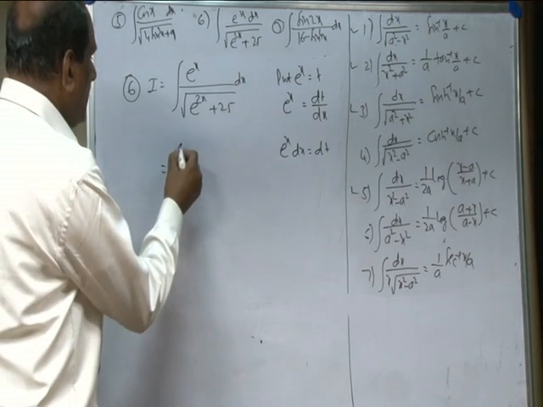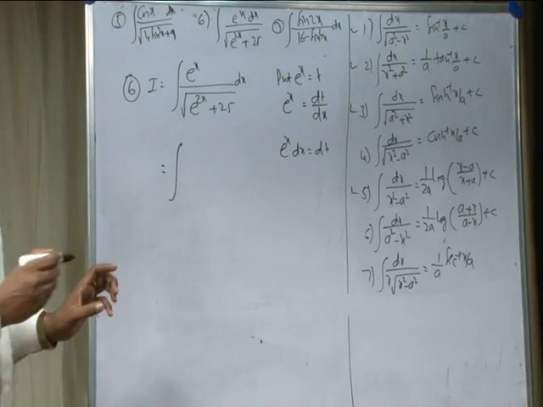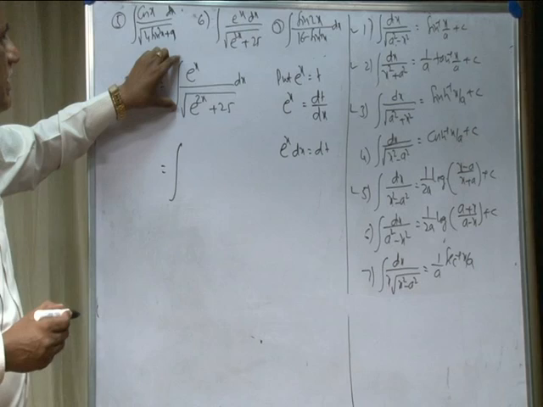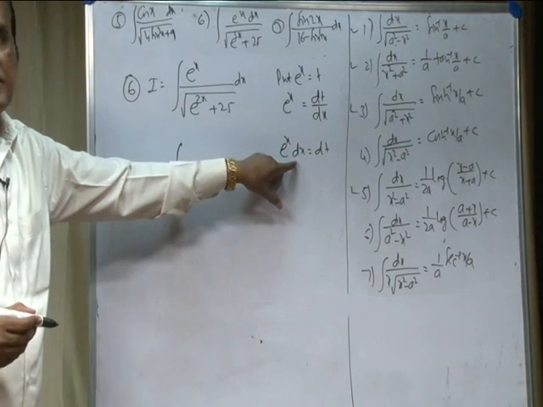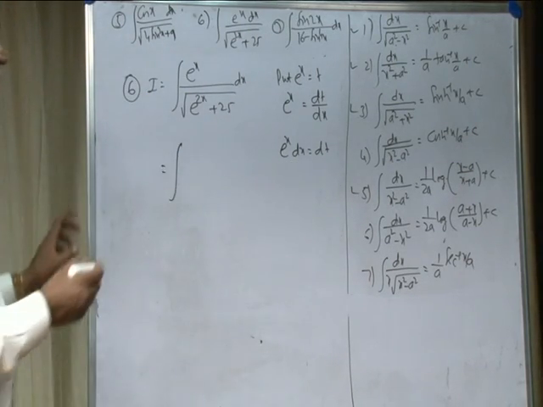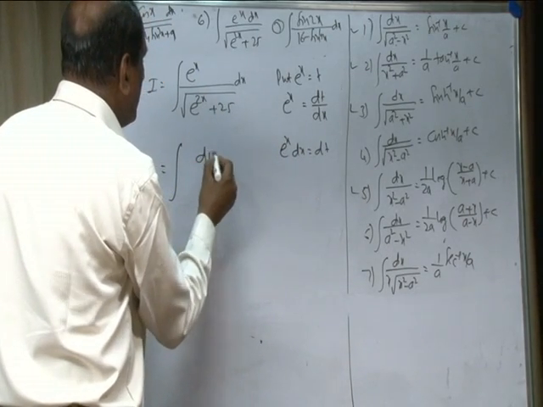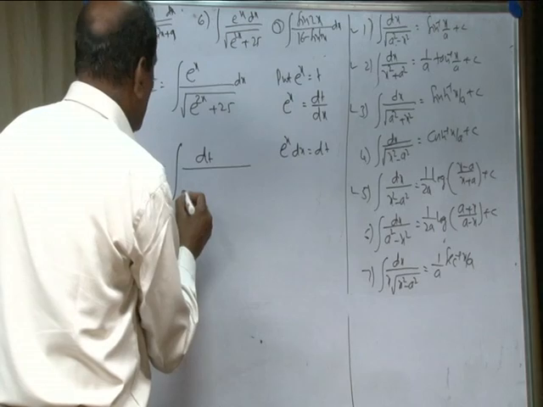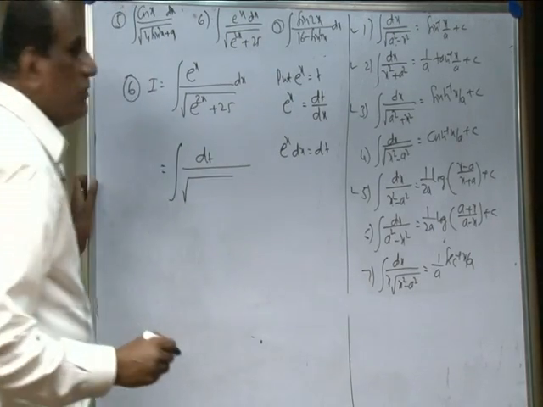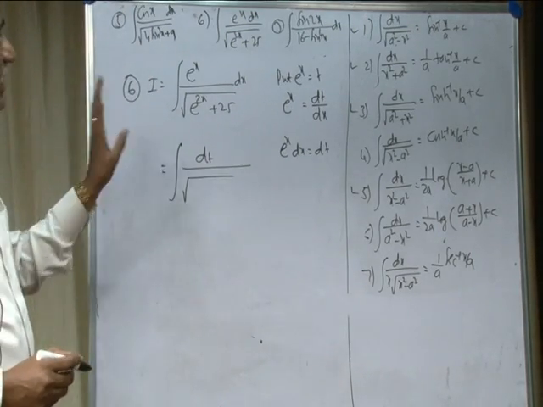Now the given integral, which is in the variable x, becomes in changed form in the variable t. What is e power x dx? It is dt divided by root of, see here, e power 2x is nothing but e power x whole square.